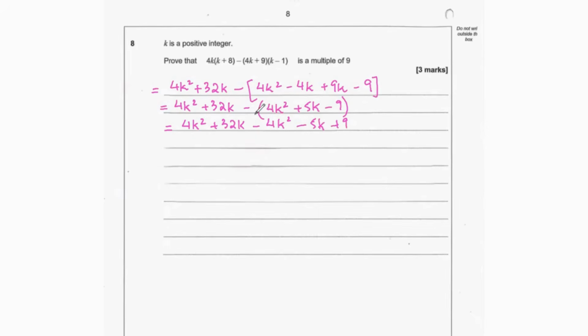We distributed the negative sign with all of the terms in the bracket. 4k square minus 4k square is 0. 32k minus 5k is going to be 27k, and then plus 9. If you take 9 common, that's 9 bracket 3k plus 1. Since 9 is a common factor between 27k and 9, that goes to show that this is a multiple of 9. So that's your answer.